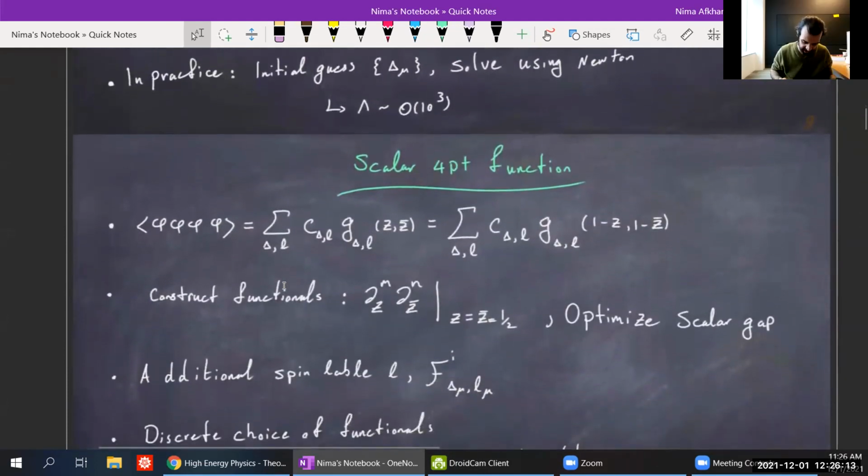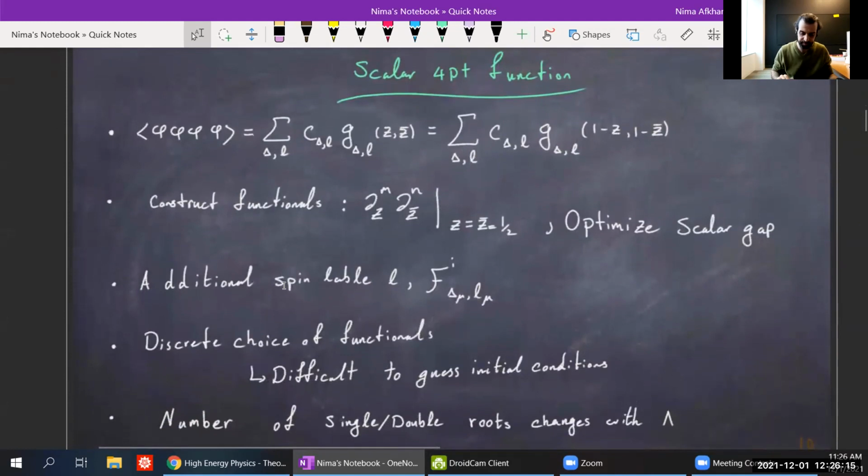Okay, let's move on to the more interesting problem, which is the scalar 4-point function. So the 4-point function has some expansion. You can choose to expand in one OPE channel versus the other OPE channel. This is an expression that is familiar to everyone.